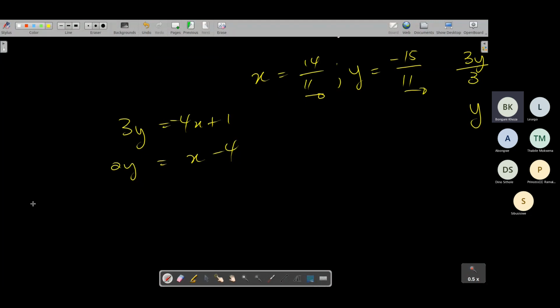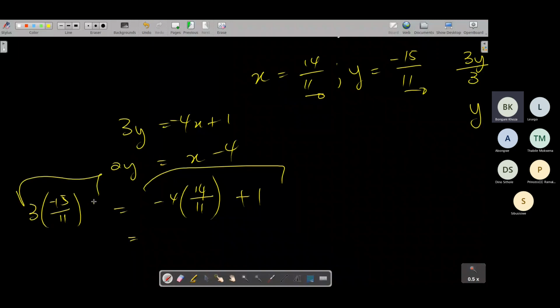So if you plug in negative 15, just punch this one into a calculator first. This side is minus 4 into 14 over 11 plus 1. Check this one.